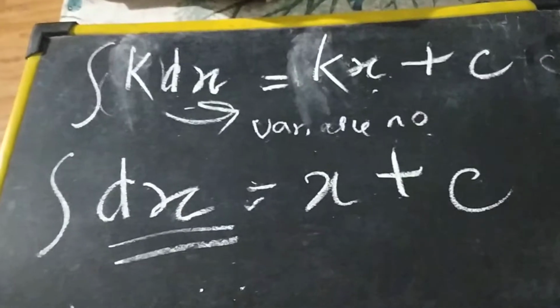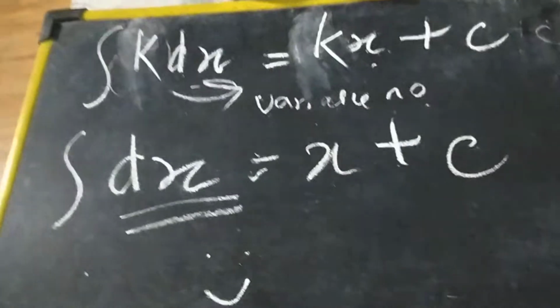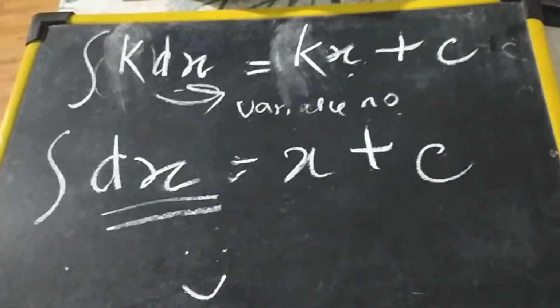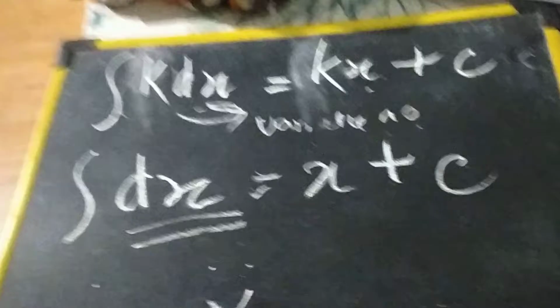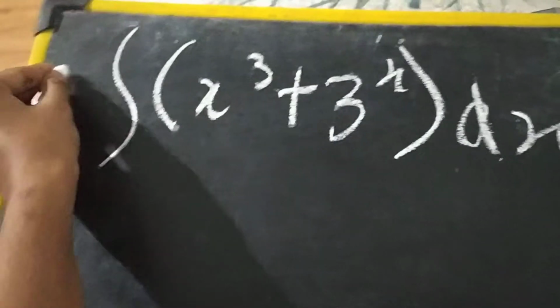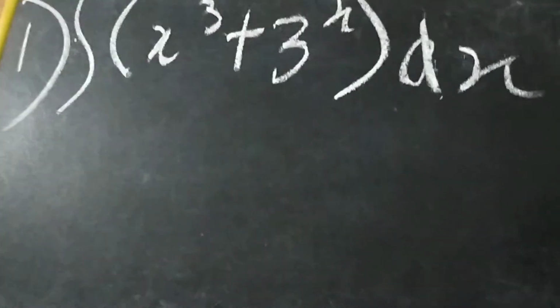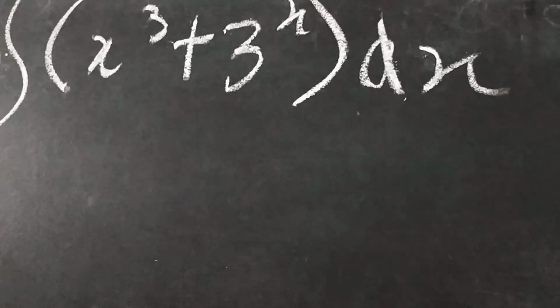Now let us take a few questions for solving. Let us start solving the solved examples of the textbook. So this is your first question of the solved examples. The question was evaluate. Oh my god, I'm so bad at this.